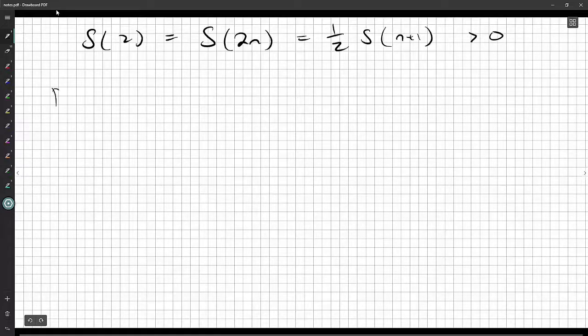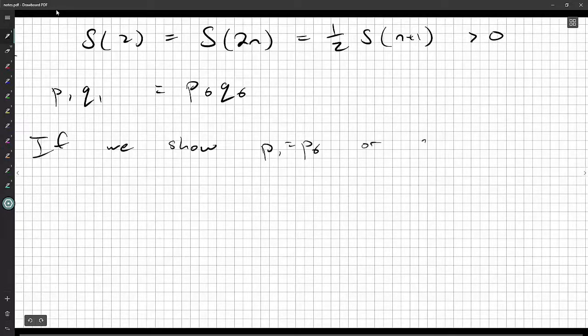Okay, so what have we got? P1 Q1, P6 Q6 is half of that expression. So just while I'm sitting here looking at this, if we show P1 is equal to P6 or Q1 equals Q6, we can divide.